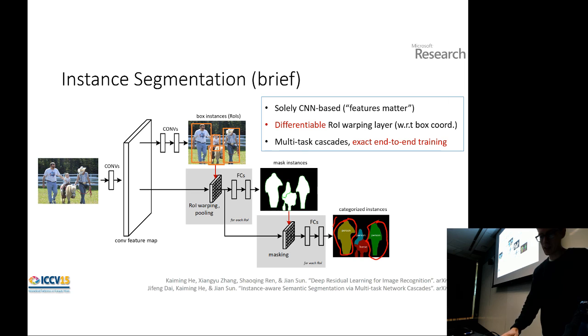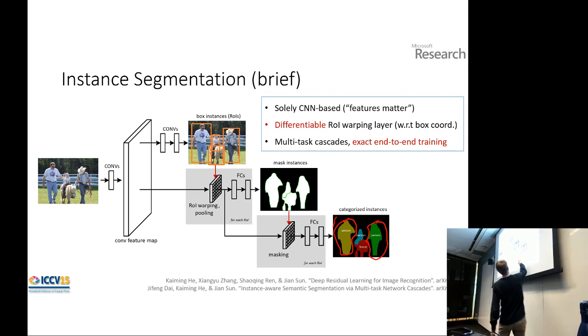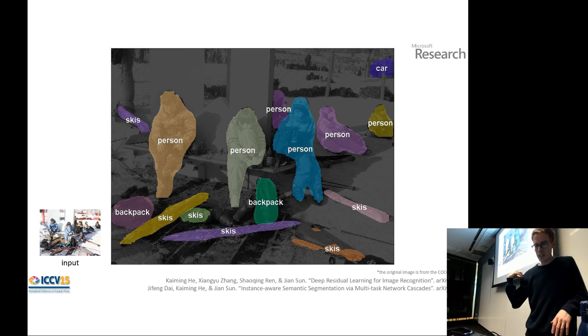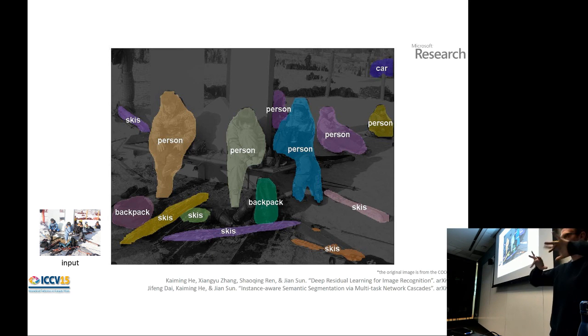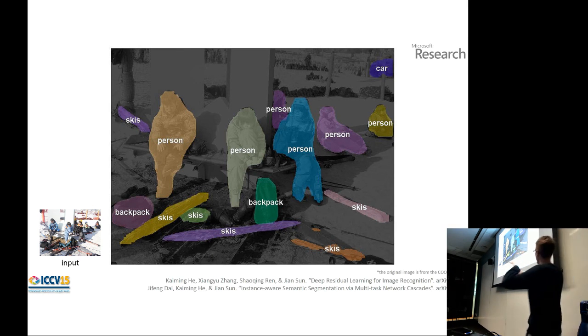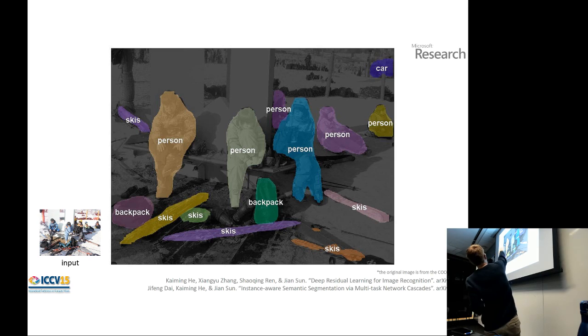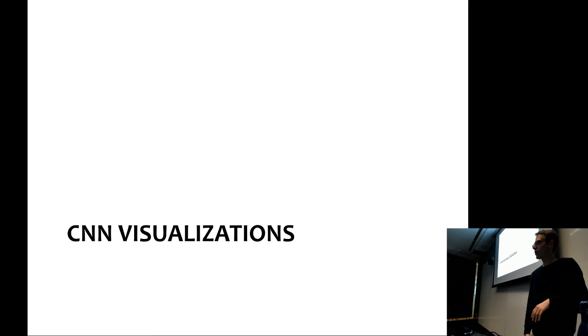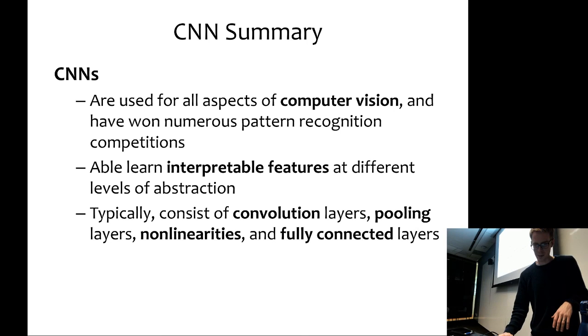Okay? So this differs from the semantic segmentation task that you're going to do, where we would have just said all of these should be yellow pixels for person. So they're actually able to separate out the instances of different persons and skis and backpacks in this image.